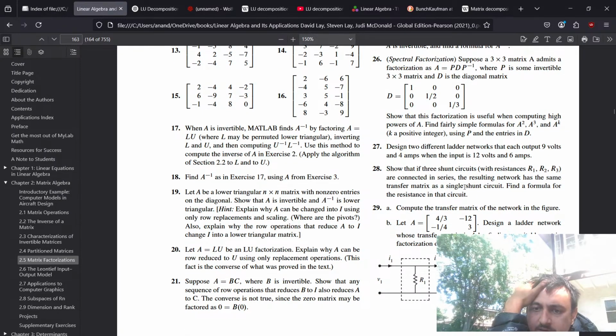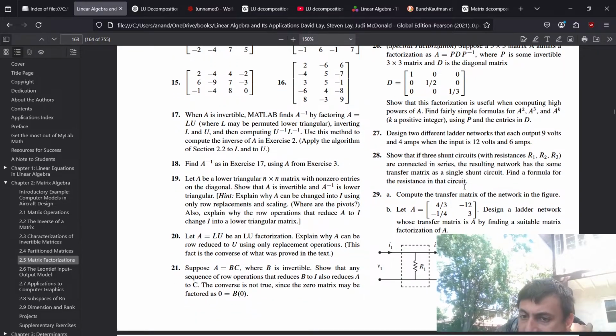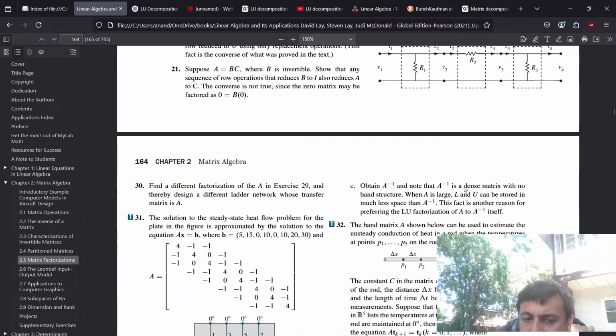I don't actually care about these. I don't know. Maybe I should, but I don't really care about these electrical circuit ones.